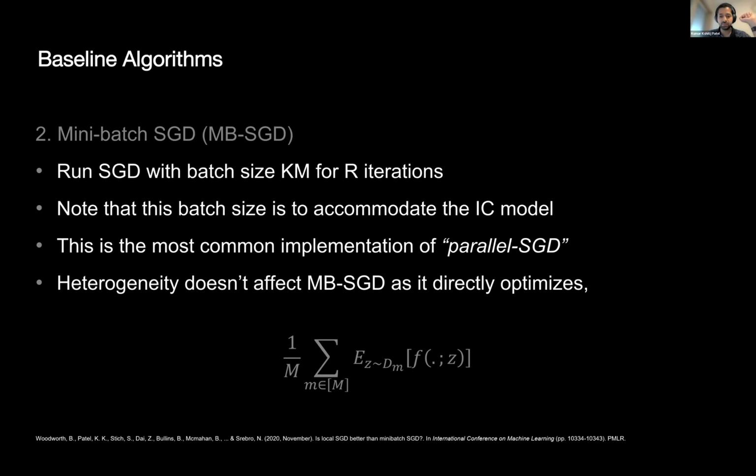That's the good thing about minibatch SGD, and it's not impacted by any heterogeneity. You can get some rate, and the rate might not benefit from making these K local updates. You might not benefit in an optimal sense from making those updates, but you'd still not be affected by how much heterogeneity there is in your data. Another limitation is that you only make R updates. Because of the definition of the intermittent communication model, you're restricted to making only R updates.